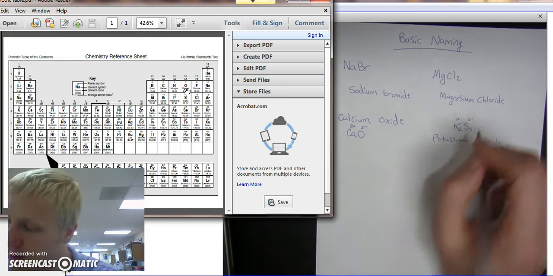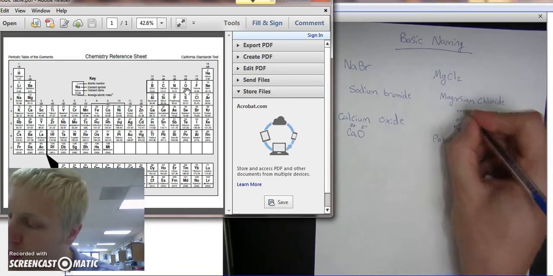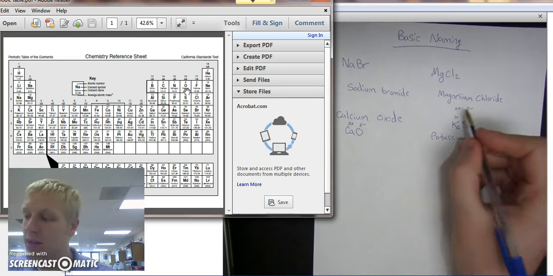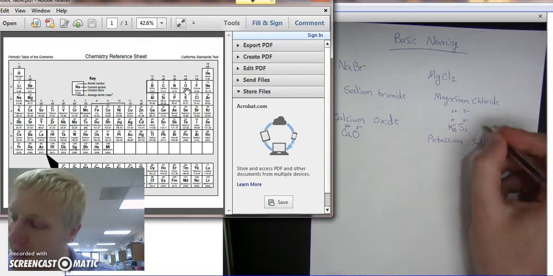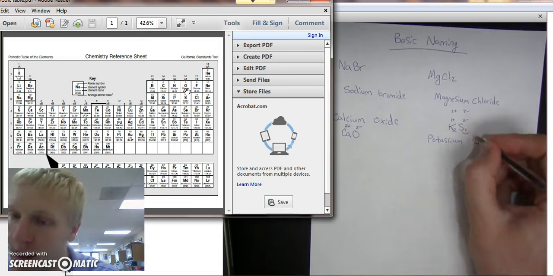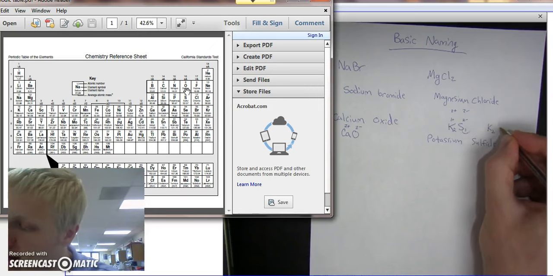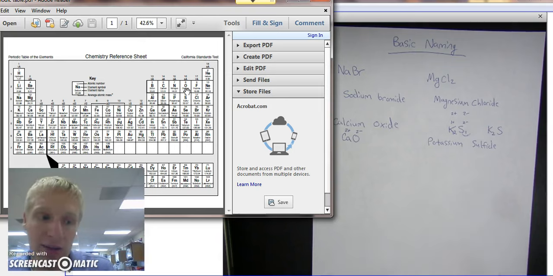It's a little trick to help us balance it. So 2 times plus 1 is 2 plus, 1 times 2 minus is 2 minus, and 2 plus 2 minus equals 0. So K2S is balanced, and we don't have to write a 1 if there's just 1. No subscript implies that there is just 1.